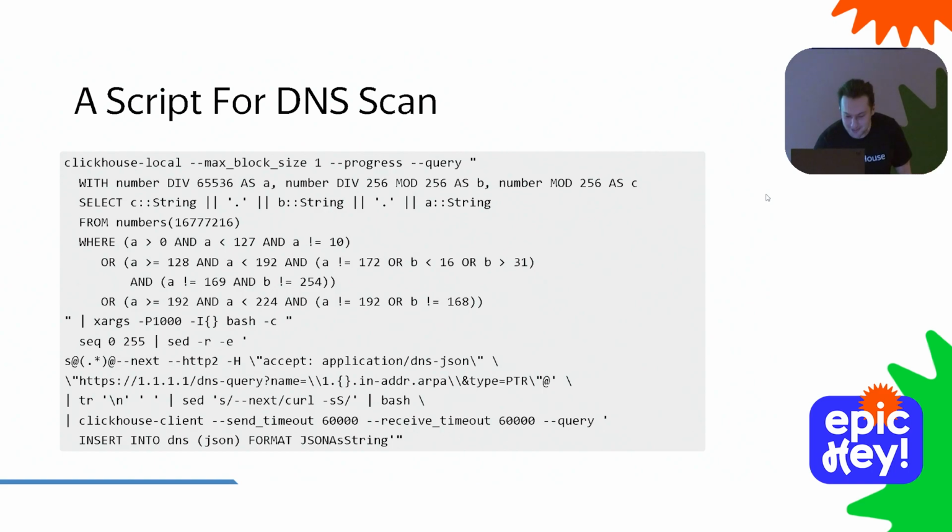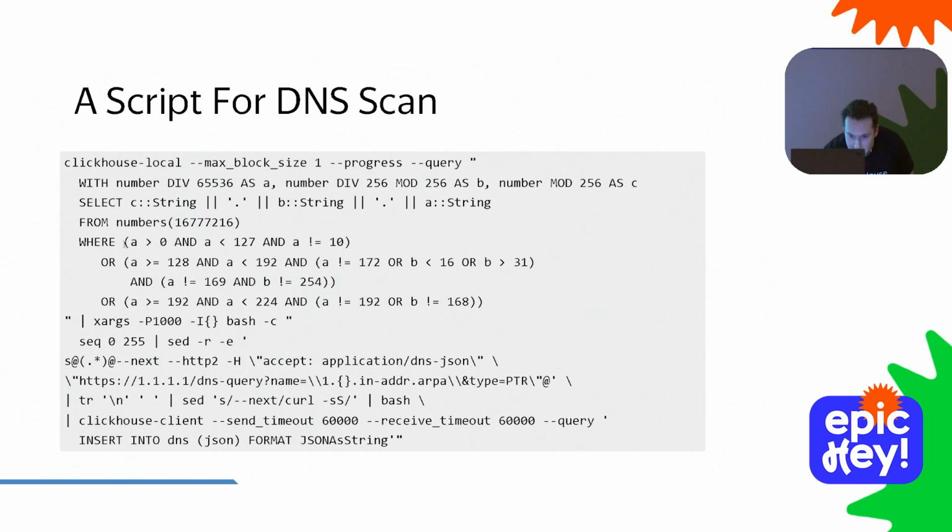Okay, let's take a look at this script. So, first, I will prepare the list of IP addresses belonging to the internet. In this case, I will group them by 256, and for the remaining part, I will enumerate all the networks.